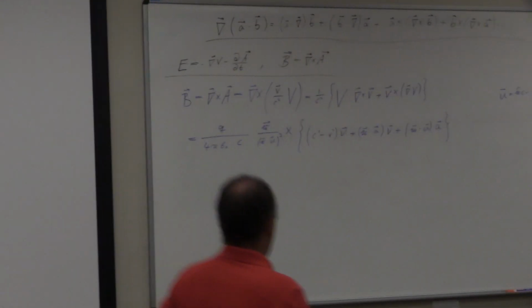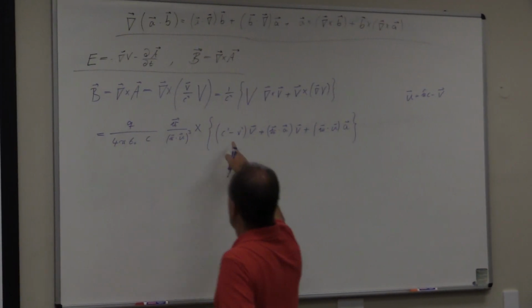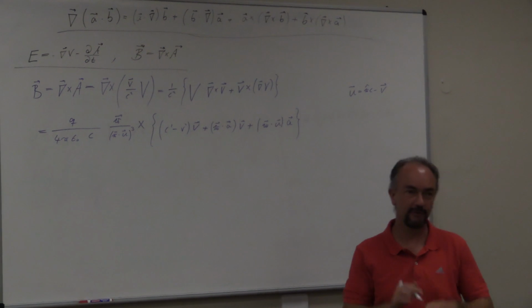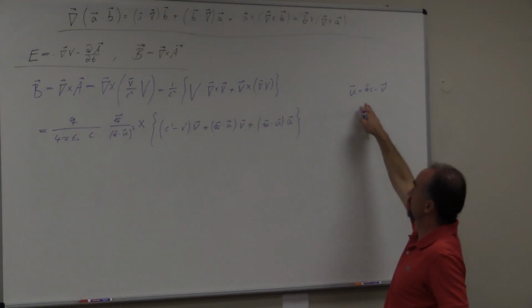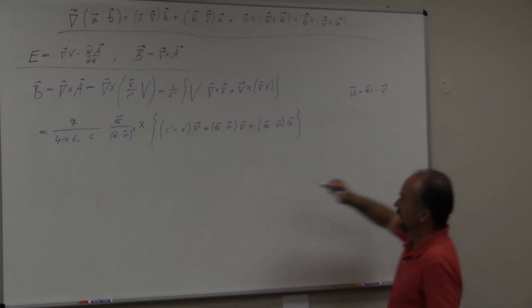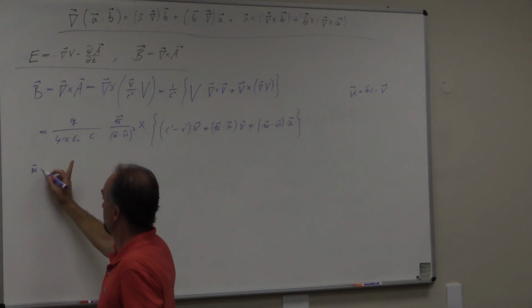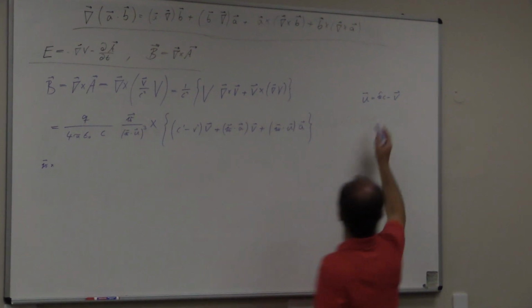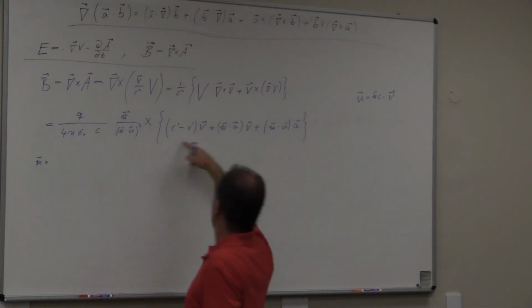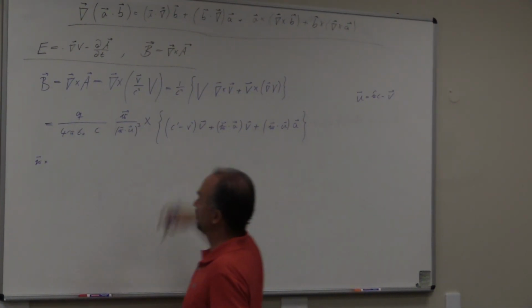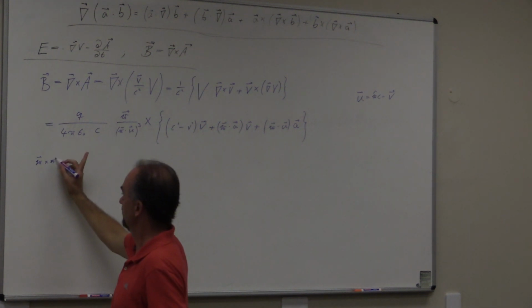But since we are multiplying everything with our distance vector r in a cross product, let's assume we have some kind of r unit vector on the right hand side here.